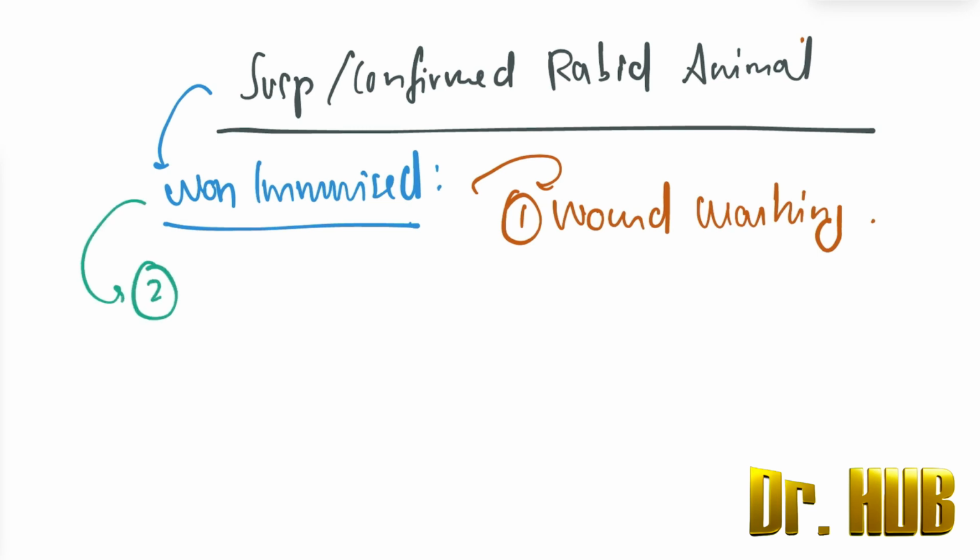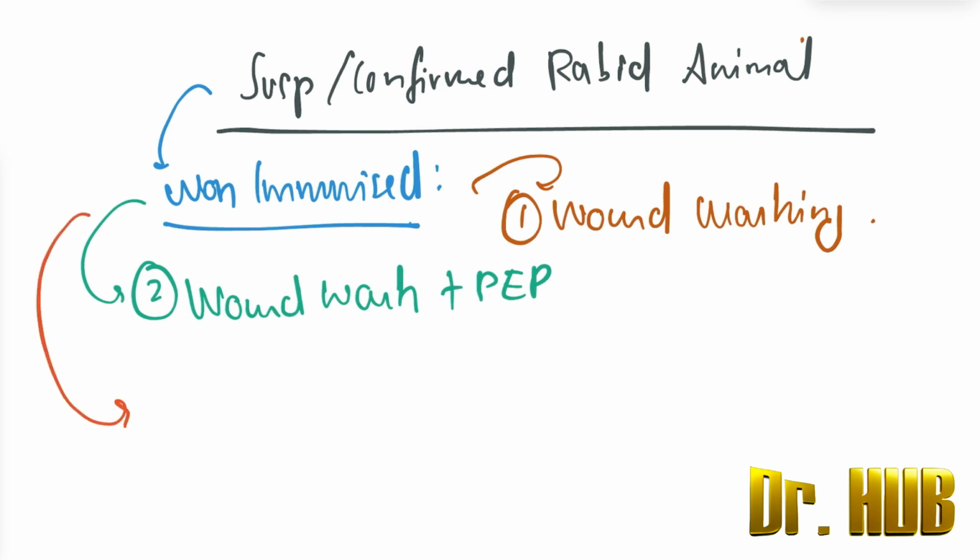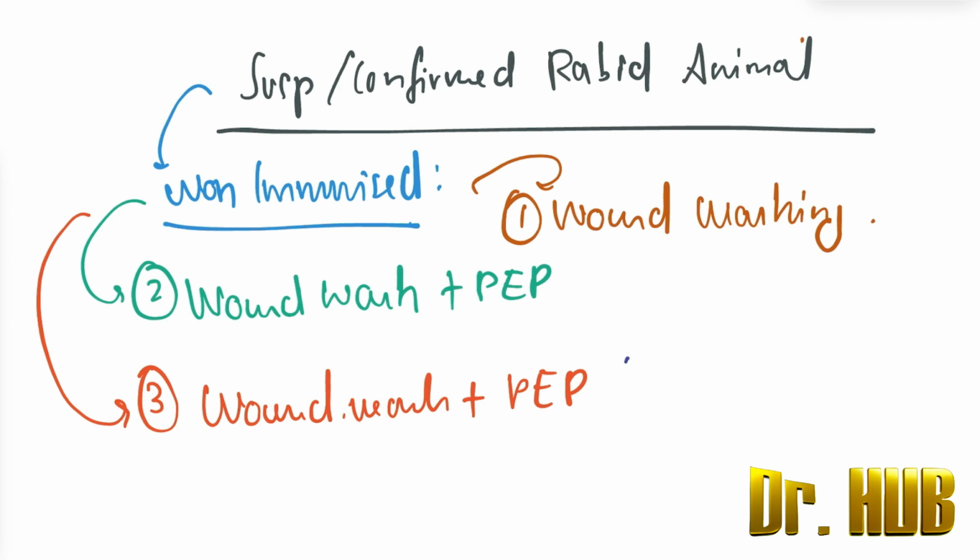Then comes category 2, which involves wound wash plus PEP. The third one will be wound wash plus PEP, and there is an addition, that is RIG as well.